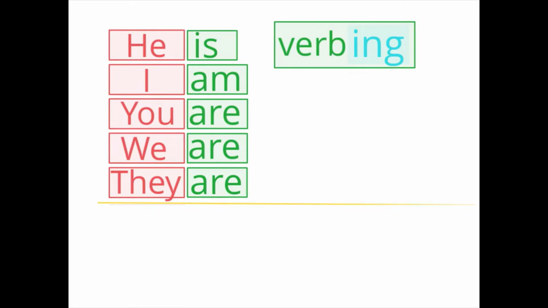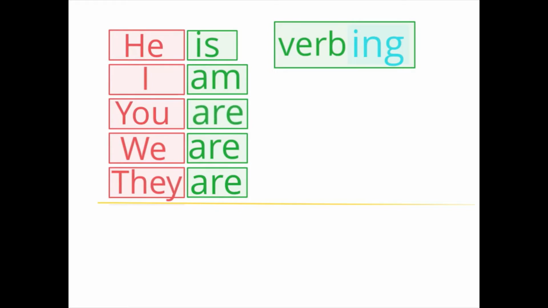Or I could have a thing like a book, a dog, a tree, a table. And this would go with the verb is. If we are talking about ourselves and we are using the word I, then we say am. This is a special verb that only goes after the word I. For you, we, and they, we use the same verb are.